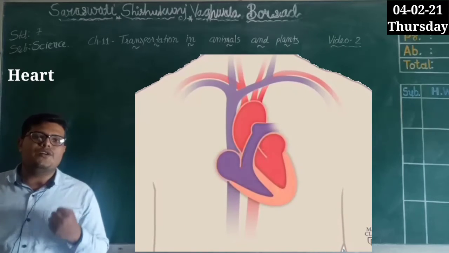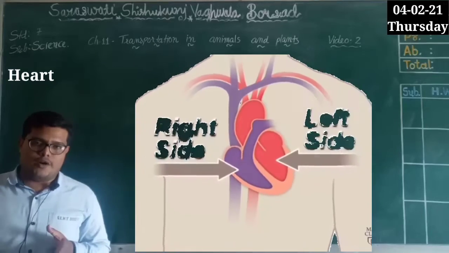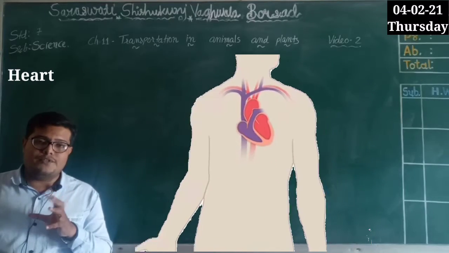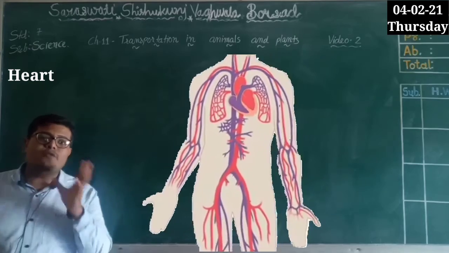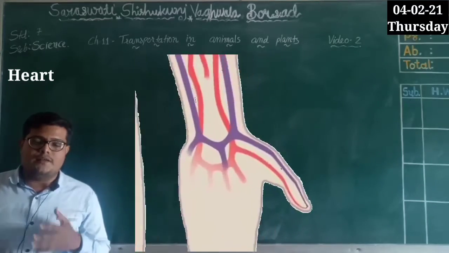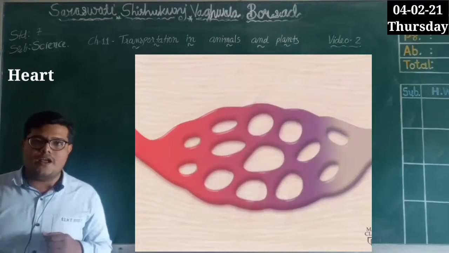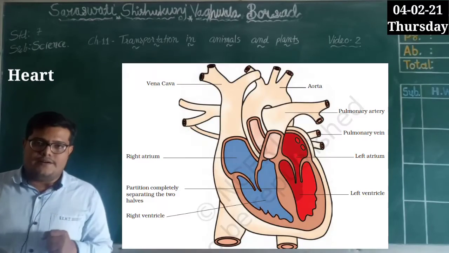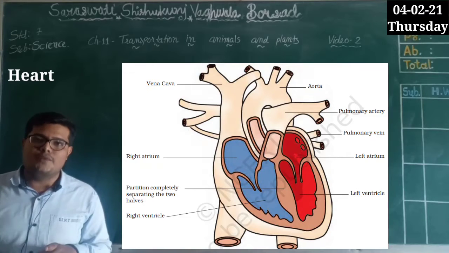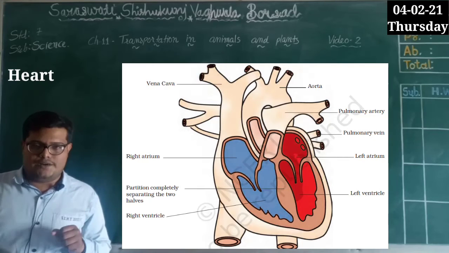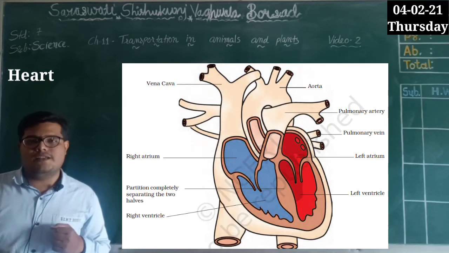It pumps blood to all the parts of the body through a network of tubes which are known as blood vessels, right? The previous topic was blood vessels. The heart is connected with the blood vessels, and with their help, the heart pumps the blood. That blood runs through these blood vessels.